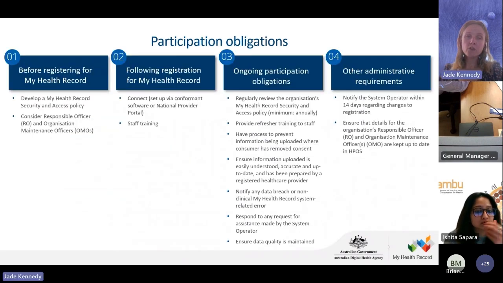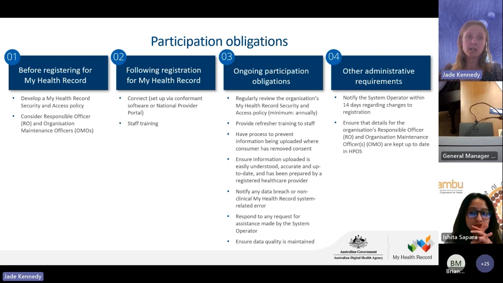There are a range of obligations for healthcare provider organisations that want to participate in the My Health Record system. Some of these arise prior to registering for My Health Record, and others arise once the organisation has already registered. There's an overview provided on this screen. Some of the key ones to point out, and that we'll be looking at today, are the requirement to develop a My Health Record security and access policy, which arises prior to registration.